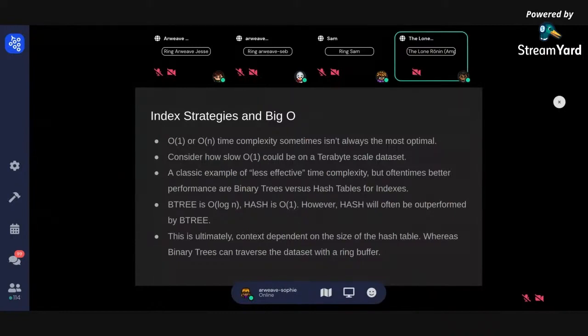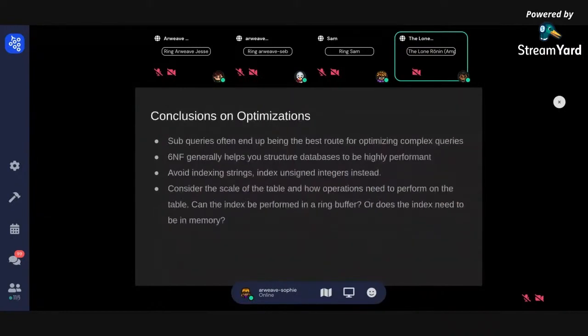So in conclusion, general suggestions for you guys: subqueries can help a lot for optimizing more complex queries that might want to take up a lot of RAM. And sixth normal form helps you structure your database to be highly performant.